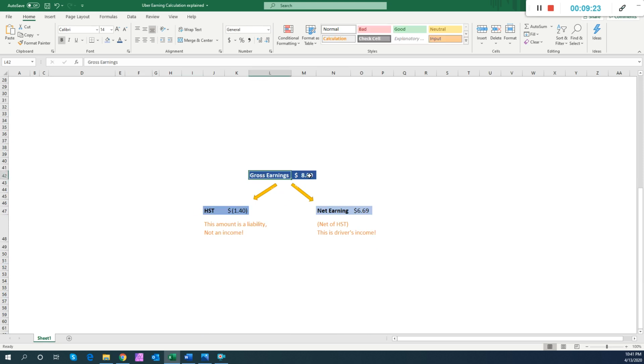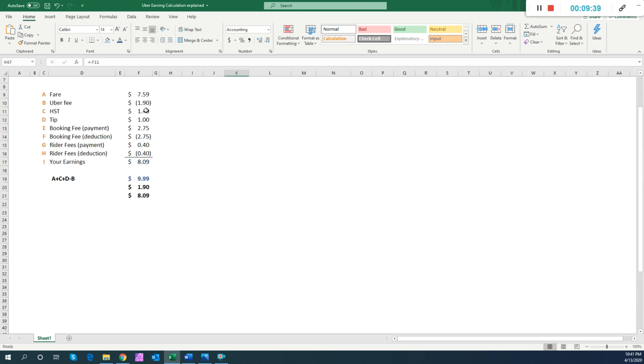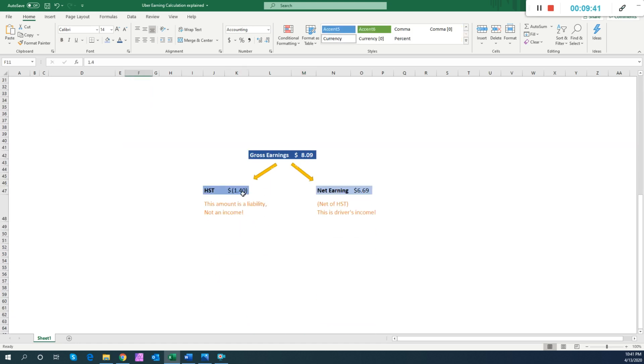Right now, this is your gross earning, which means that this earning also carries a part of the HST that we collected, which is $1.40. So when you deduct $1.40 out of this $8.09, the amount that you get is $6.69. This is your net earning.